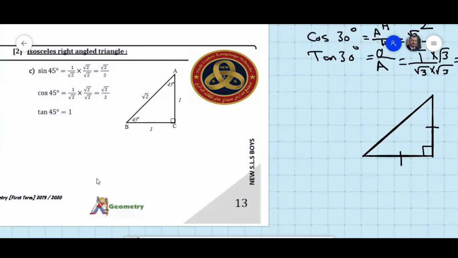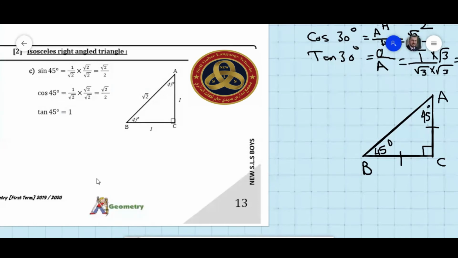If this triangle ACB is an isosceles and right angle triangle, how do we get the measure of angle A and angle B? Angle A and angle B are the base angles of the triangle. To get the measure, I subtract 180 minus 90, divided by 2. It will be 45 and 45.